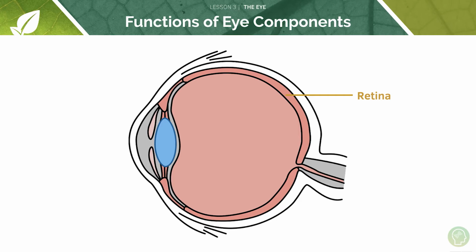So this part of the eye over here, this bit here, is your retina. This lines the back of your eyeball, and it contains all of the light receptors, so rods and cones. Those are the names of the light receptors, although you don't have to worry about that for now.